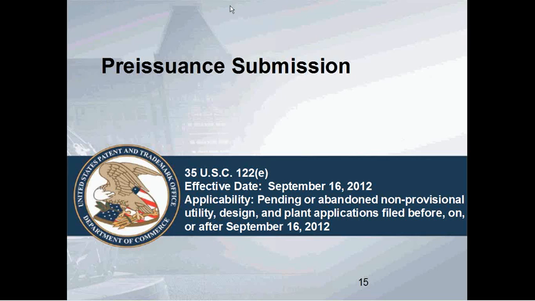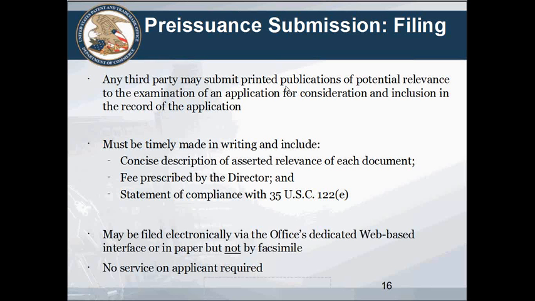But back to pre-issuance submissions. Any third party can make a submission, which includes private persons, corporations, and government agencies, but not applicants. Applicants cannot use a pre-issuance submission. We define applicants here as 56(c) parties. Pre-issuance submissions are not meant as a means for applicants to avoid the IDS timeframes and submit information.